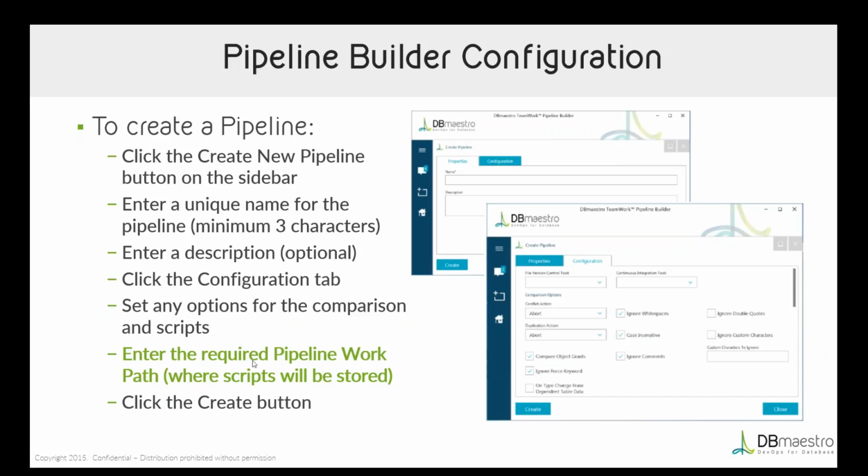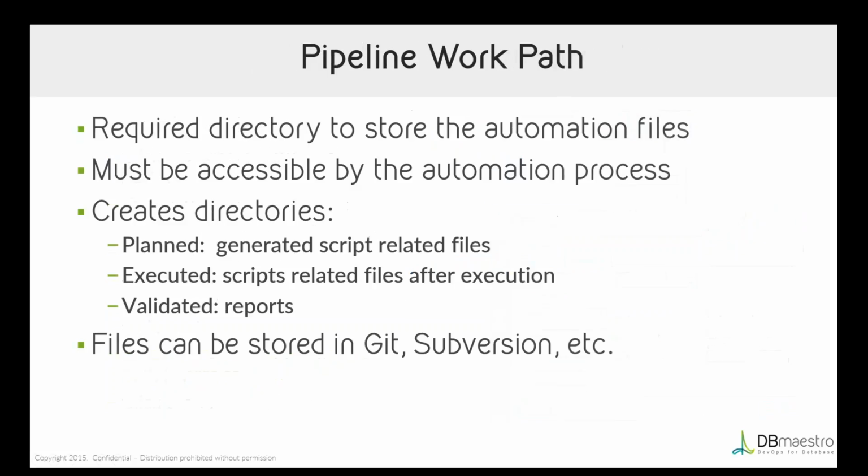And then one of the things that you have to enter is the pipeline work path, and that's further down on the screen. I have some more information on the pipeline work path. This is the directory structure that the pipeline is going to use to store the script files.